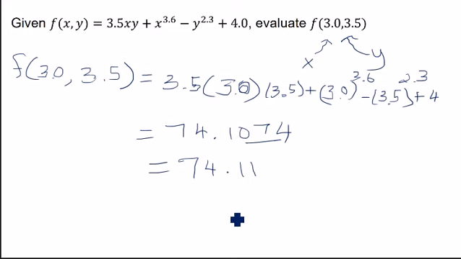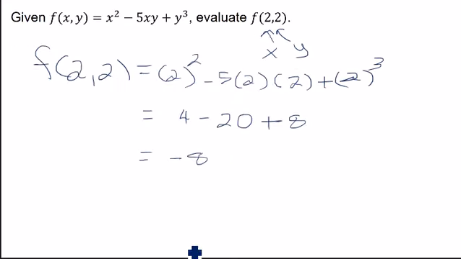All right, so again, in these 2 examples, we went over the function of several variables. In this case, several means 2. So we have a function of x and y, and we evaluated the function at the given point.